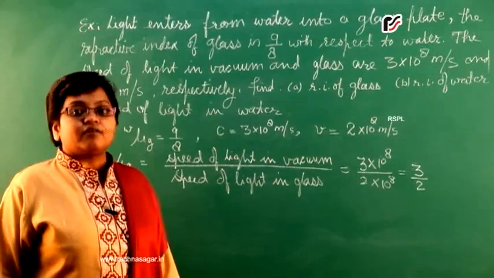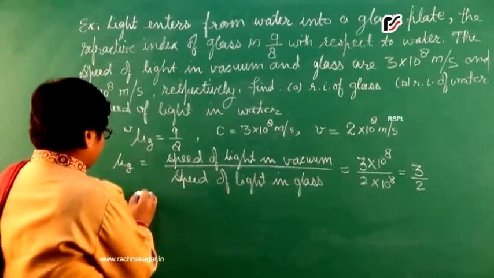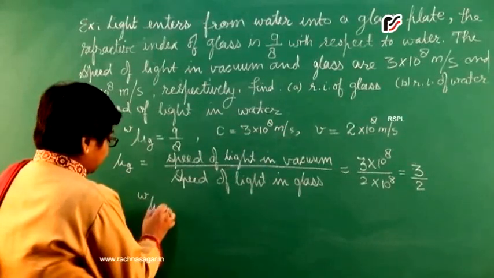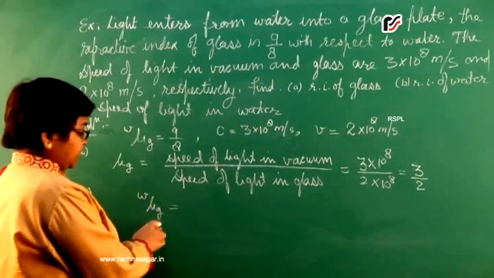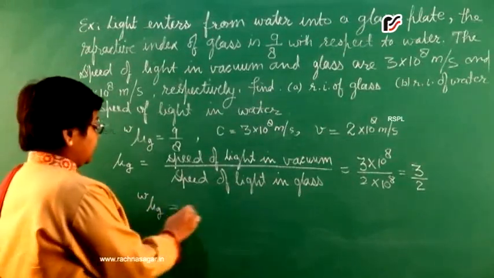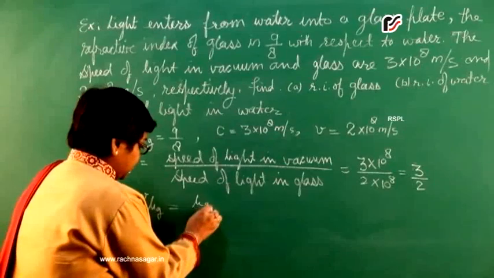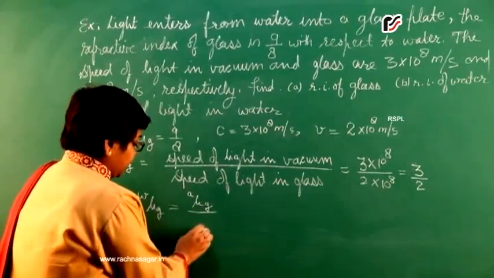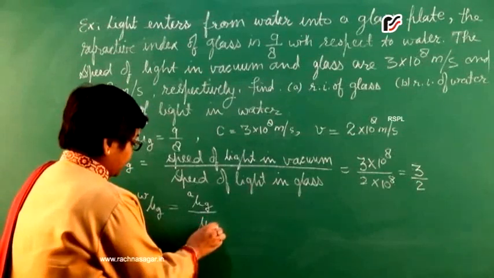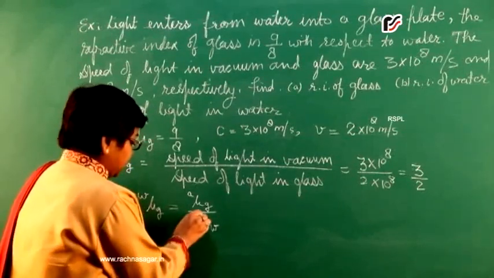Refractive index of water. Here we know that W mu G, that is refractive index of glass with respect to water, is refractive index of glass with respect to vacuum or air to the refractive index of water with respect to air.